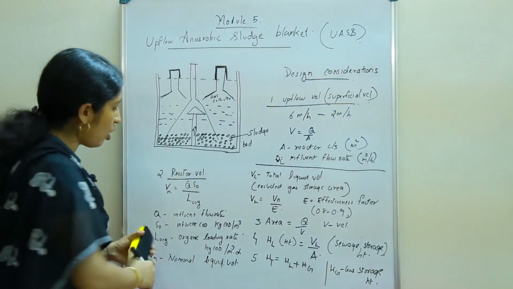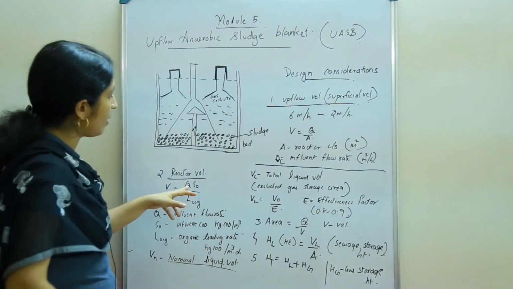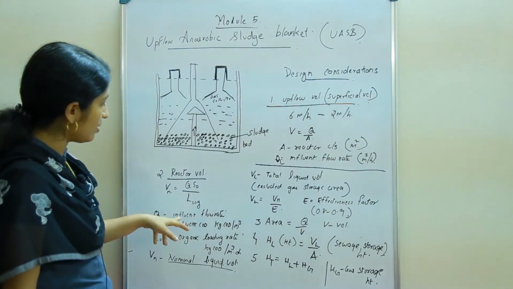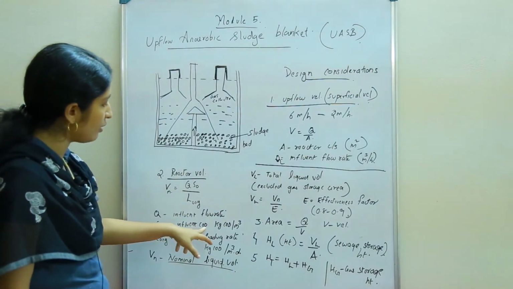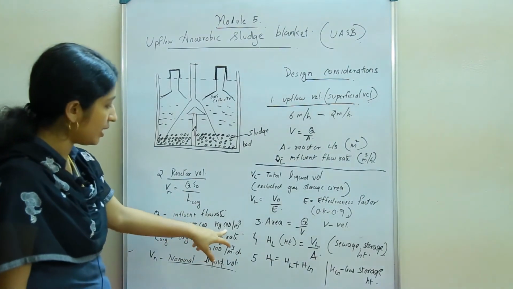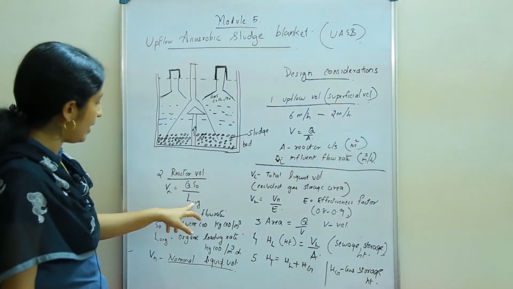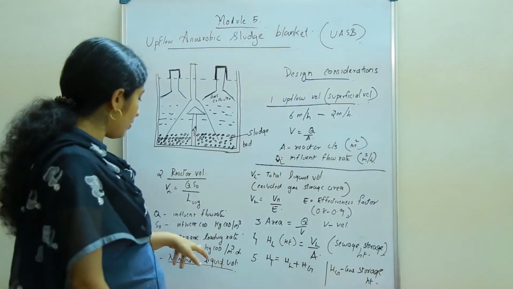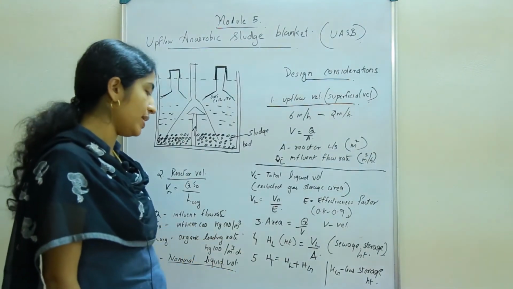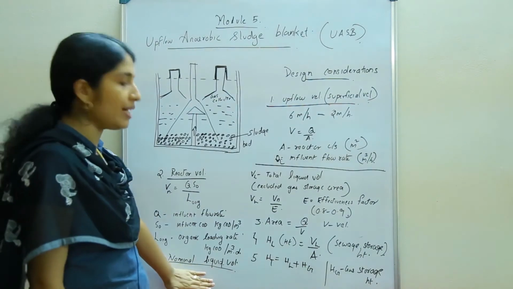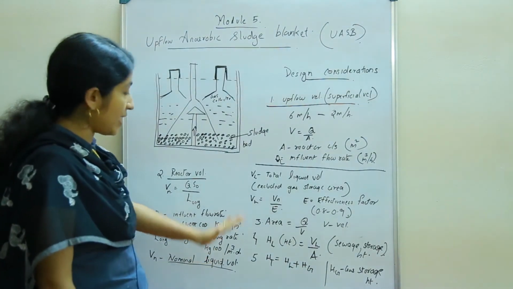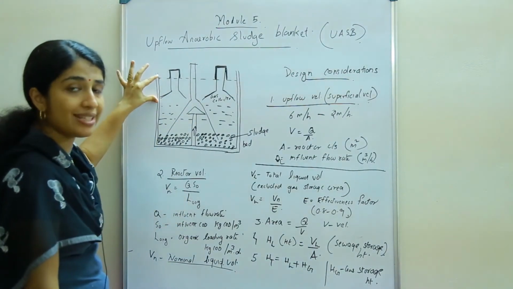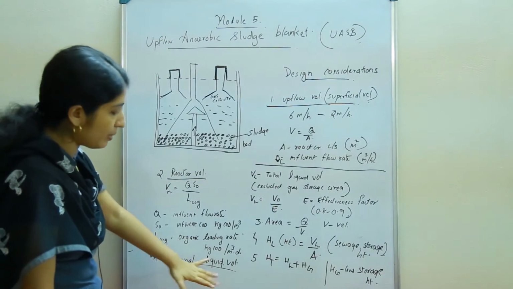The nominal liquid volume is given by Vn = Q × S0 / L, where Q is the influent flow rate, S0 is the influent COD in kilogram per meter cube, and L is the organic loading rate, or OLR, in kilogram per meter cube per day. This nominal liquid volume excludes the gas separation volume.